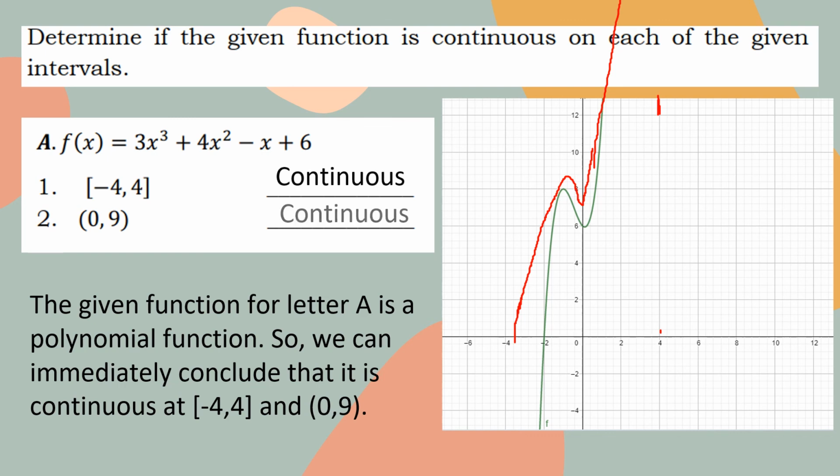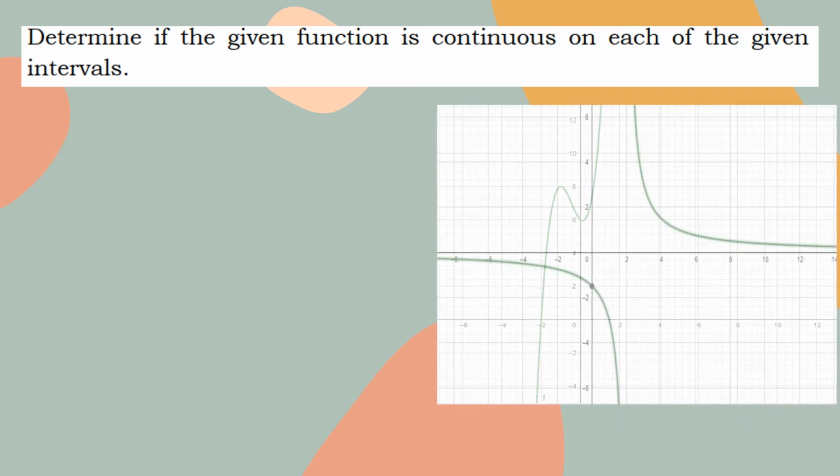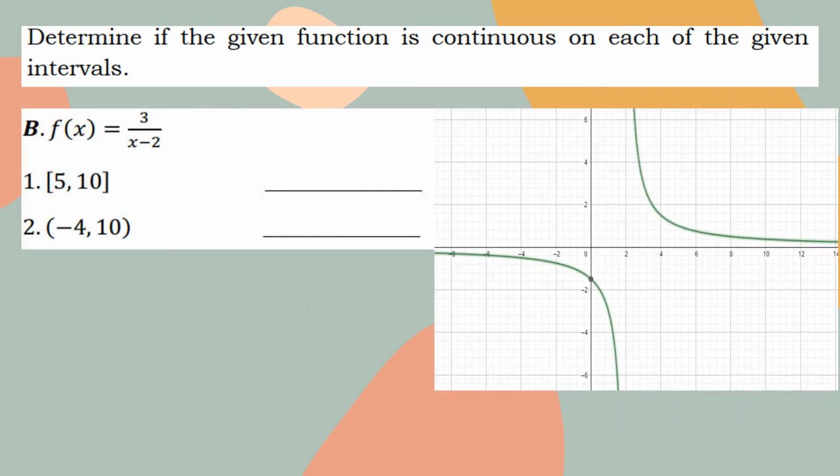Next, continuous. We also have the next function, 3 over x minus 2. So we have the intervals 5 to 10, and -4 to 10. For 5 to 10, it's continuous.